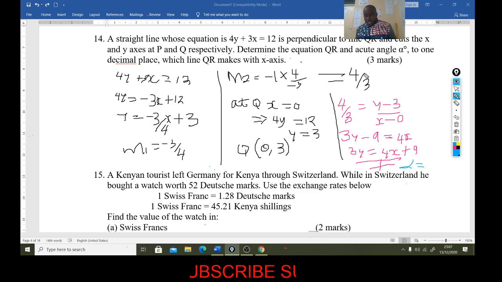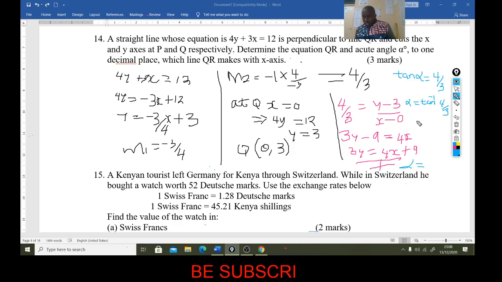So tan alpha equals the gradient, which is 4 over 3, meaning alpha is tan inverse of 4 over 3.